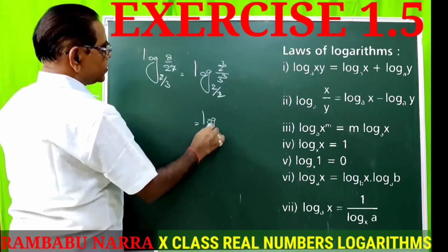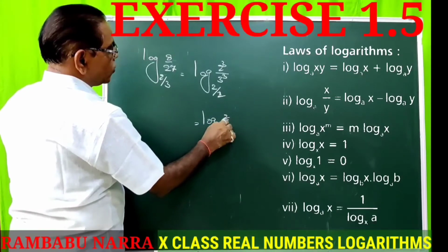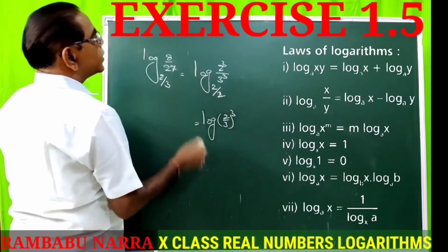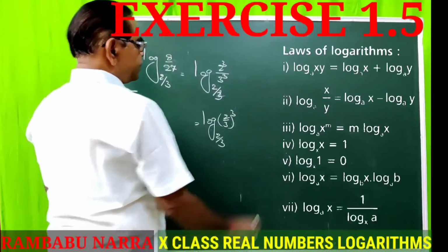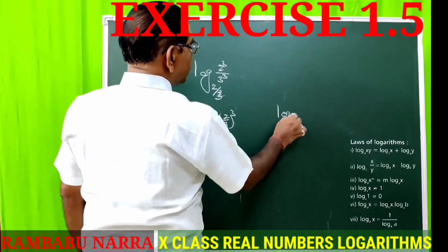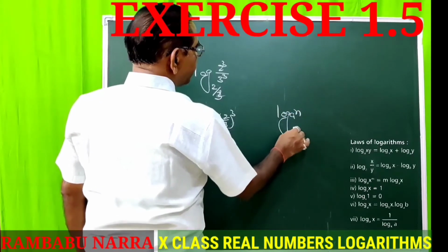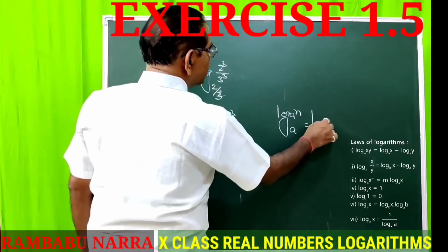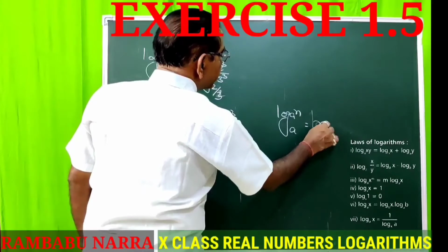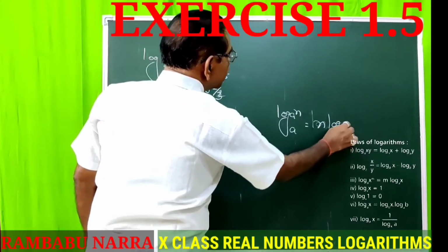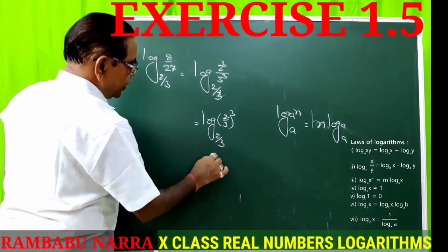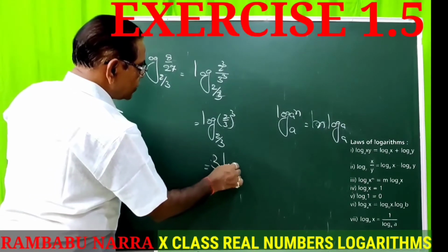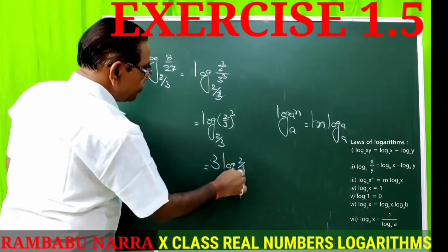That is log of 2 by 3 whole cube, base 2 by 3. Use the laws of logarithm: log a to the power of n base a equal to n log a base a, equal to 3 into log 2 by 3 base 2 by 3.